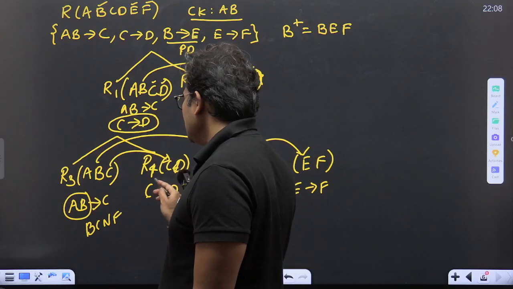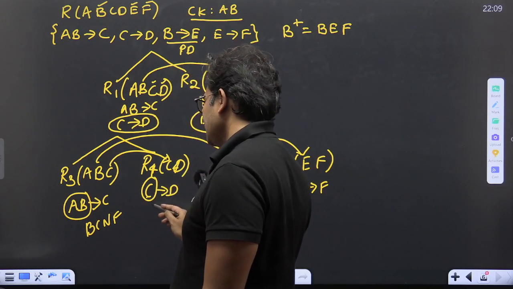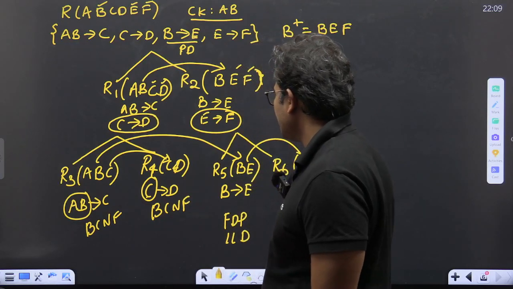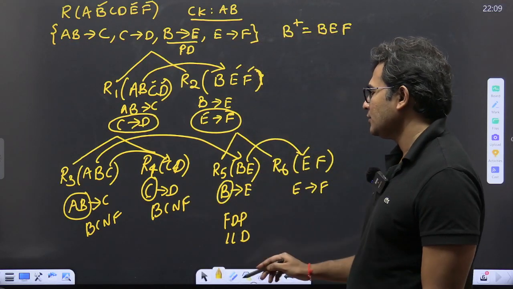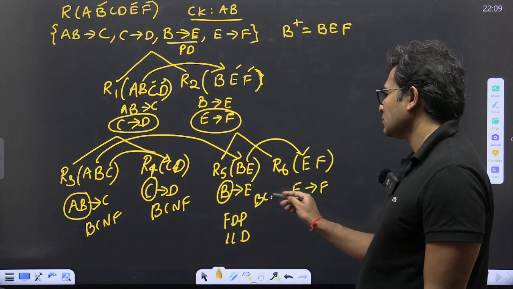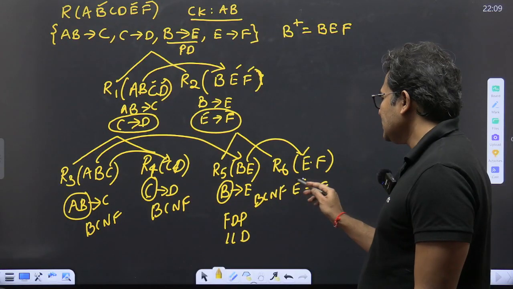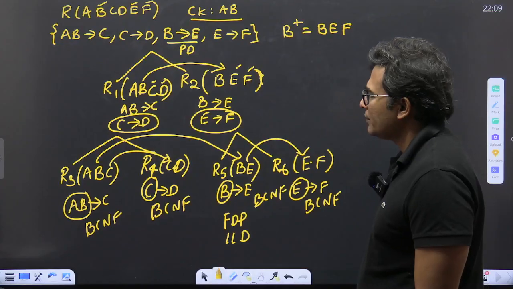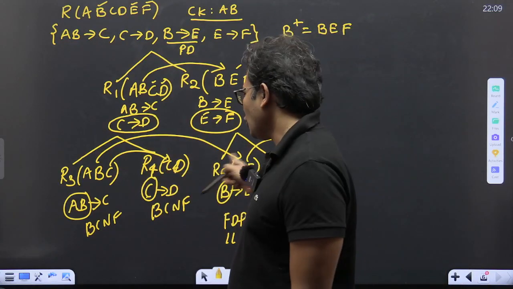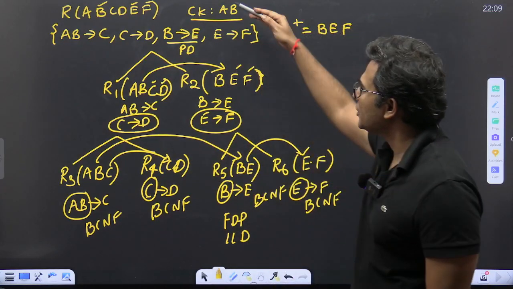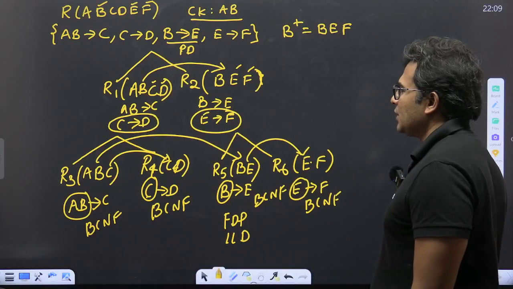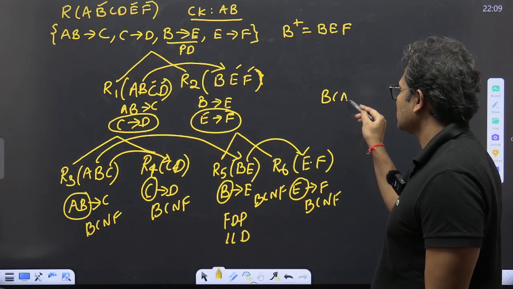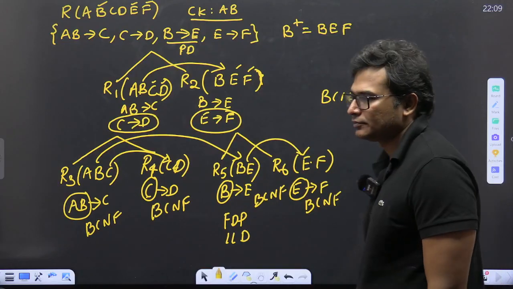And for CD, C is a candidate key, the left hand side is a candidate key, therefore it is in BCNF. And here also B is a candidate key, therefore it is in BCNF. And here also E is a candidate key, therefore it is BCNF, right? So this decomposition finally into four tables is converting this table into BCNF. The highest normal form that this table is in is BCNF. Okay, thank you.